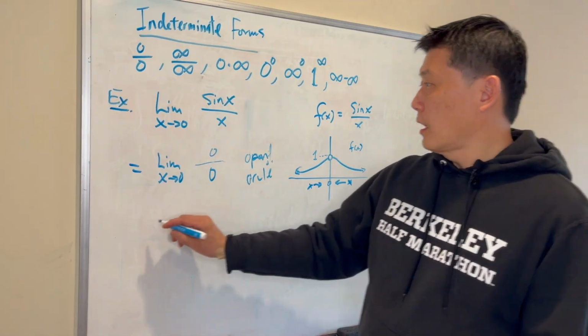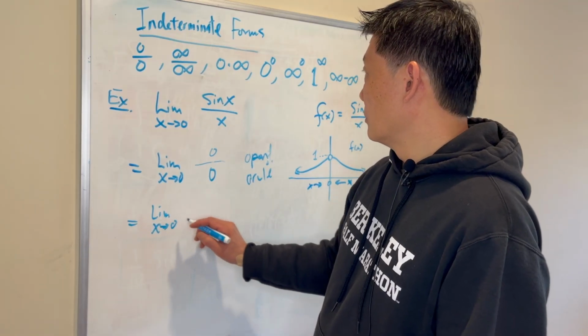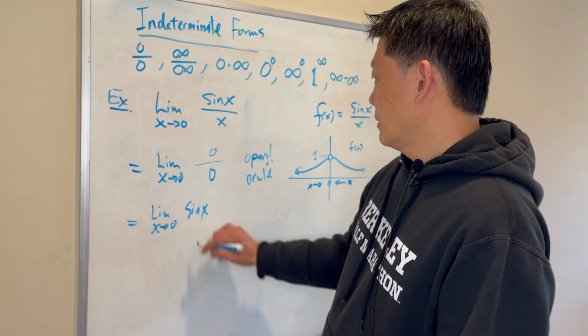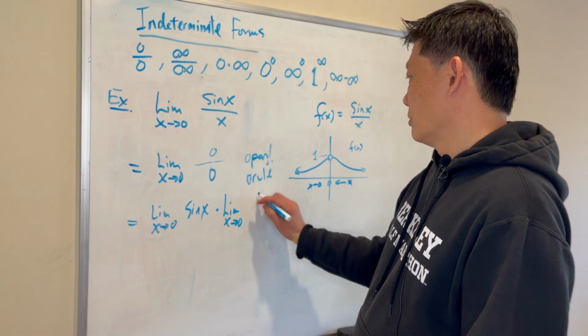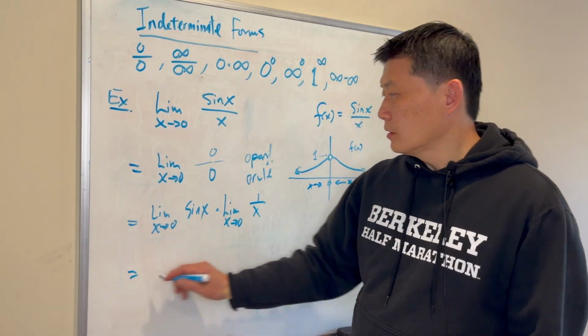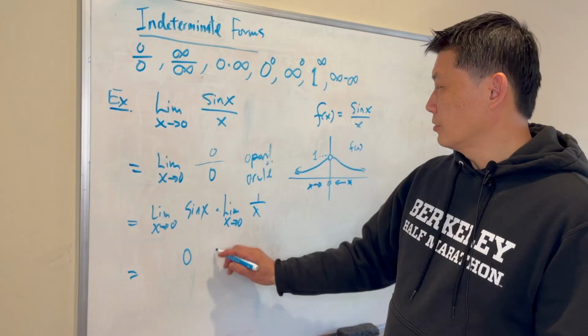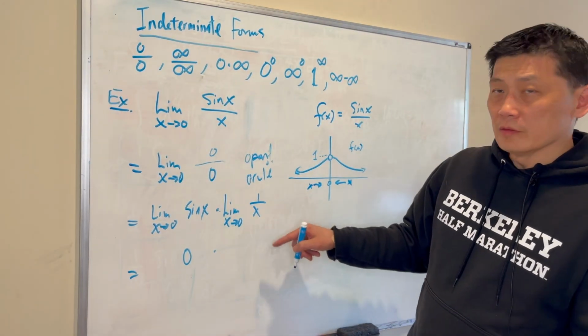But we can also think of it this way: limit as x approaches 0 of sine x times limit as x approaches 0 of 1 over x. In this case, you end up with 0 times the limit as x approaches 0 of 1 over x.